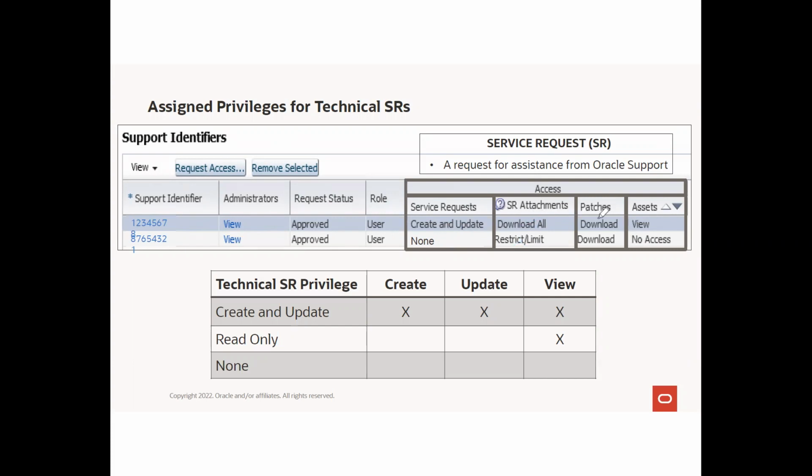For patches, he can download patches on both support identifiers, and for assets, he can view the assets that the organization has tied to this support identifier. But on the second one, he does not have access. So that is how the customer user administrator manages the access privileges and how it's assigned to the common users attached to that support identifier.